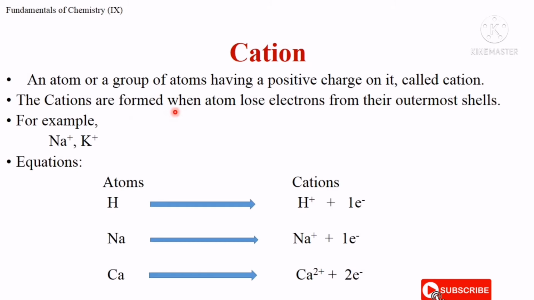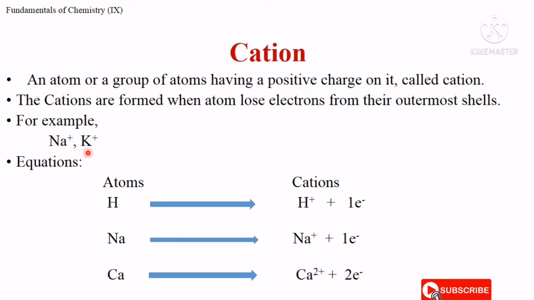And cations are formed when atoms lose electrons from their outermost shells. For example, in the case of sodium, when sodium loses its electron, then it gains a positive charge, hence a sodium ion is formed.